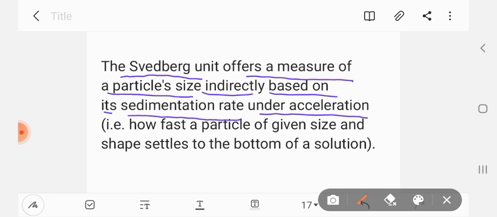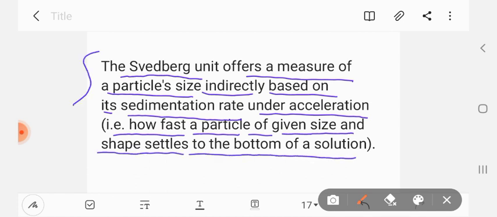That is, how fast a particle of a given size and shape settles to the bottom of the solution. Again, the Svedberg unit refers to the measurement of particle size indirectly, based on the sedimentation rate.